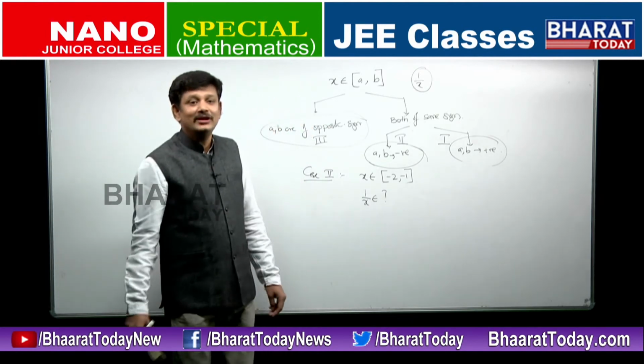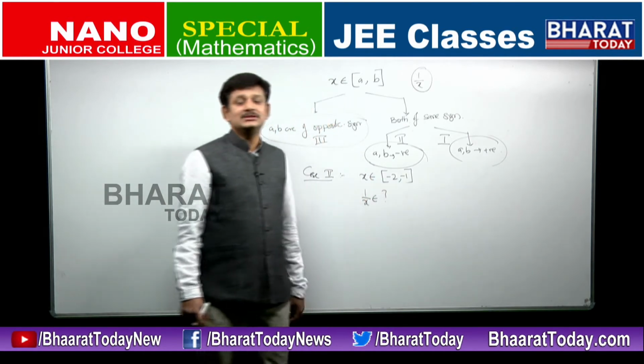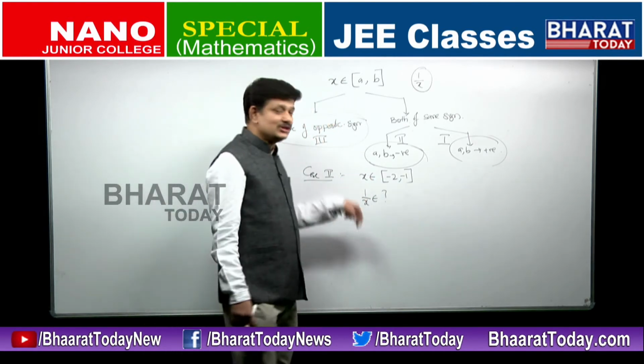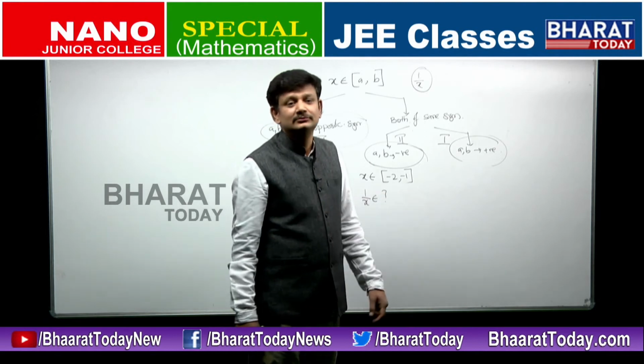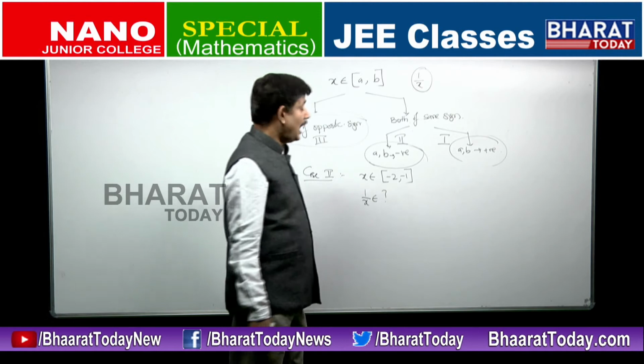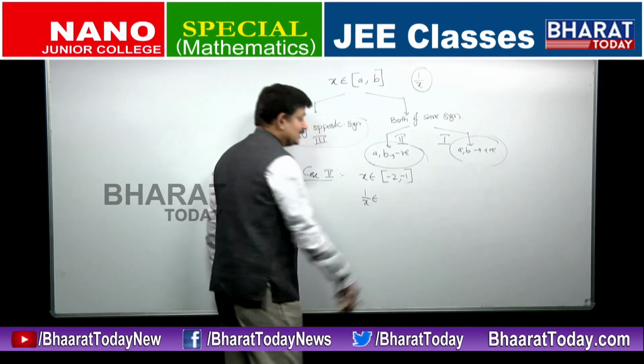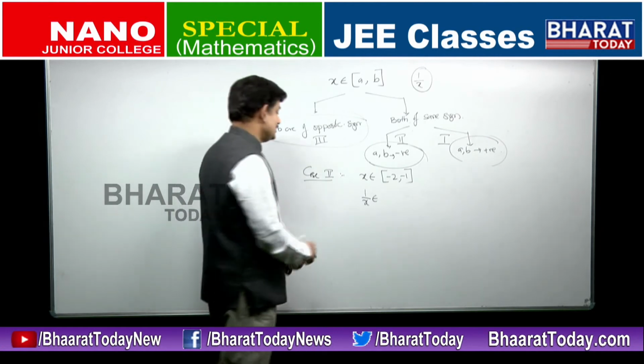Again, whether the numbers are positive or negative, 1 by x will be a decreasing function. 1 by x is a decreasing function when the numbers are positive and also when the numbers are negative. So what we need to do here is again interchange the positions.